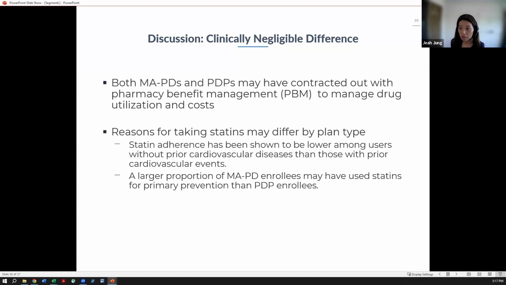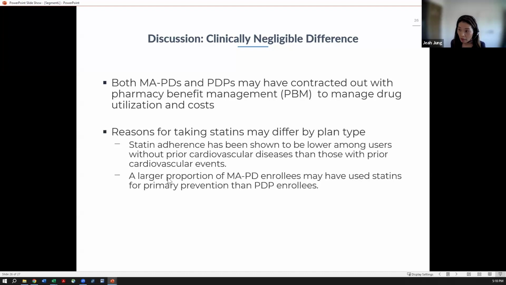For those cases, usually the adherence is lower, so maybe a larger proportion of MAPD enrollees compared with the PDP enrollees might have used the statins as primary prevention. Then if we had selected those who had a cardiovascular disease, the difference might have been a little bit larger.